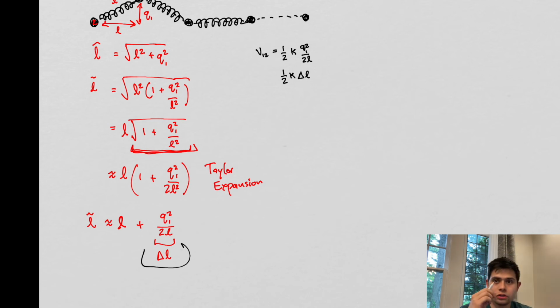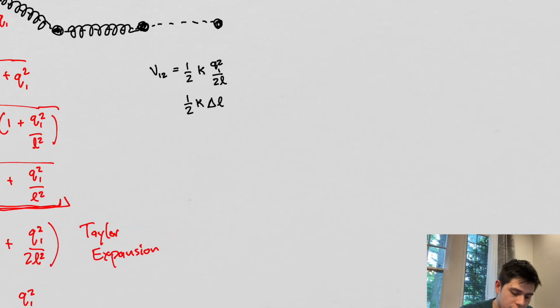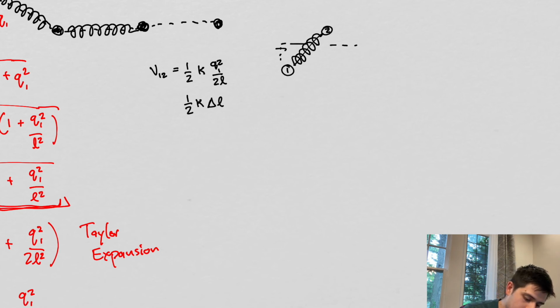So we can generalize this now. Say we have 2 points attached to each other by a spring, 1 and 2, and they deviate like this, where one height is Q1 and the other height is Q2.